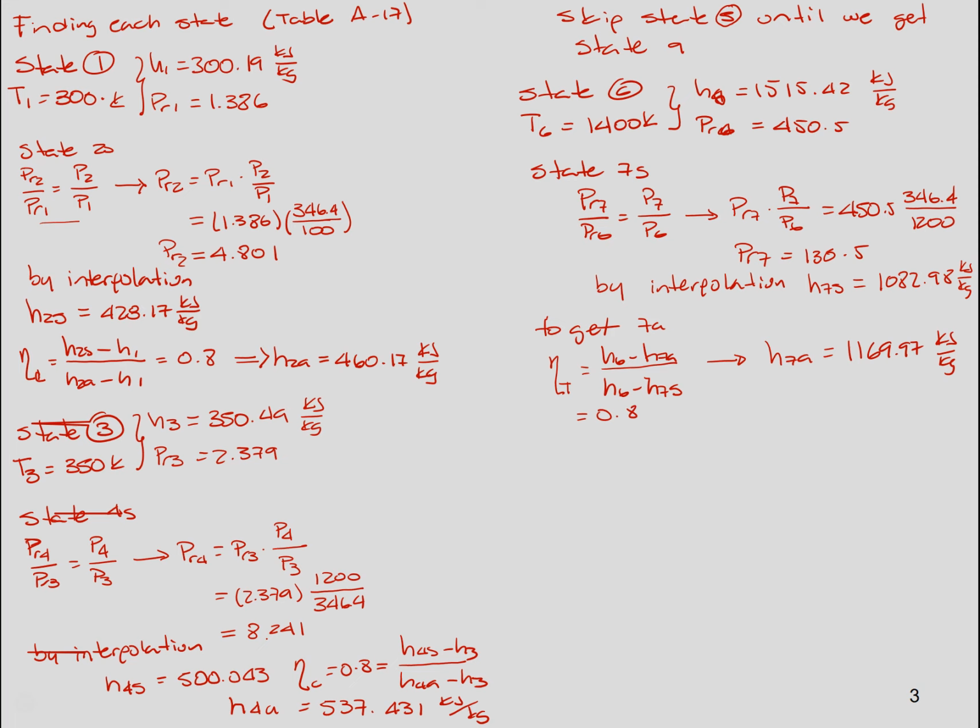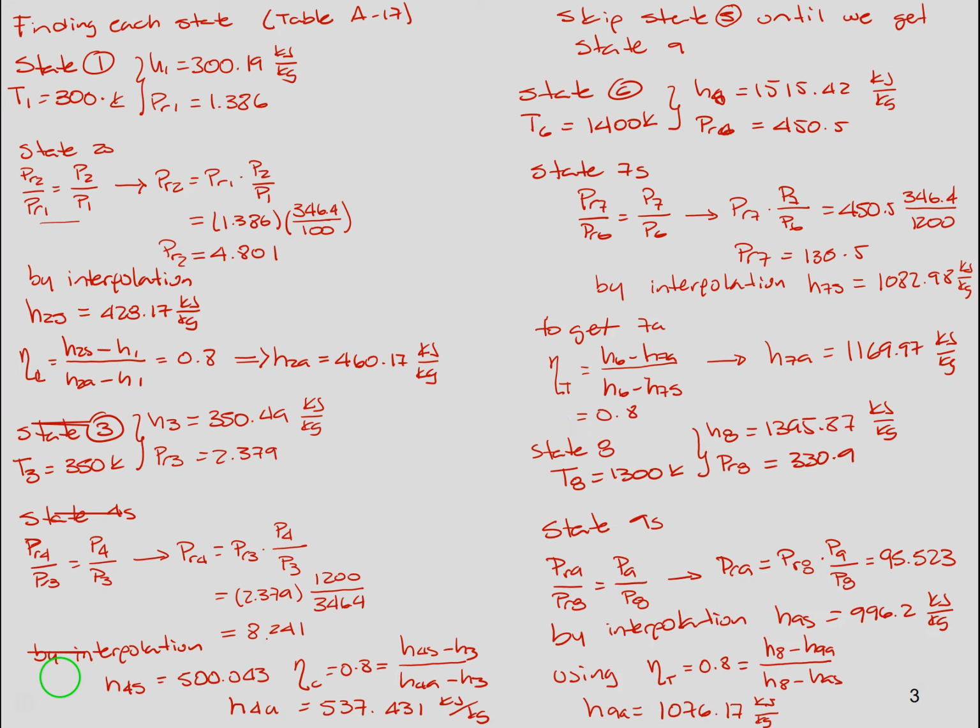So we can repeat the same procedure for the second turbine. We start with our isentropic relation. We solve to get PR9 to be 95.523, and then by interpolation we find the value of H9S.